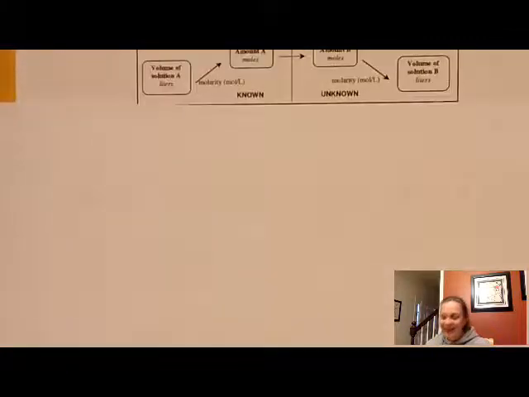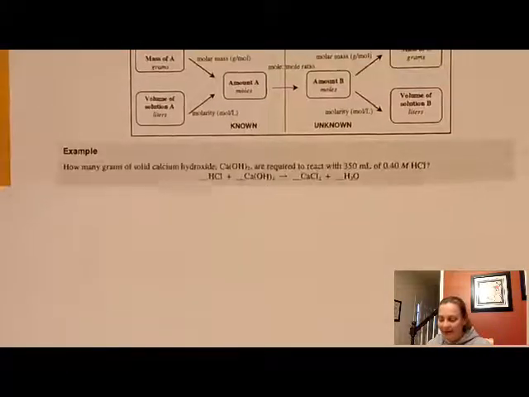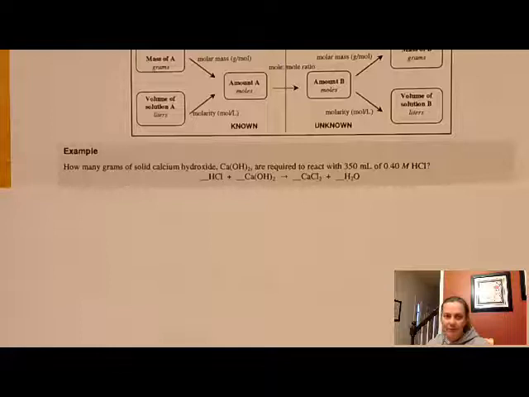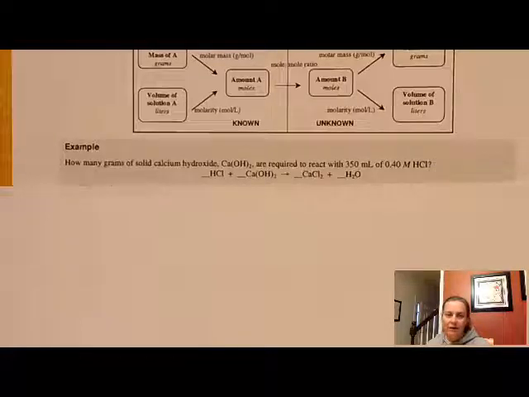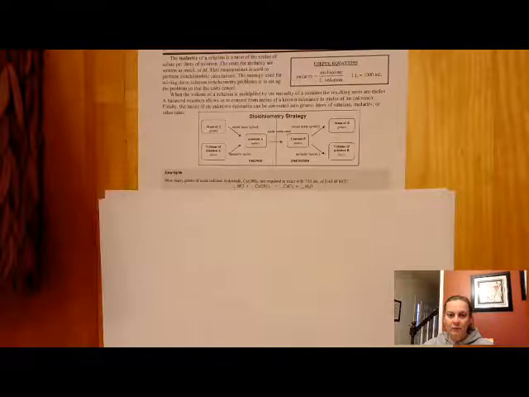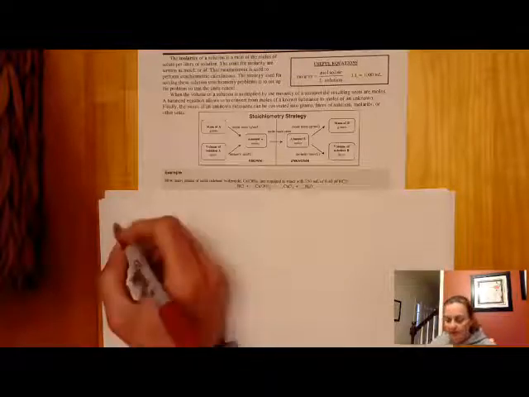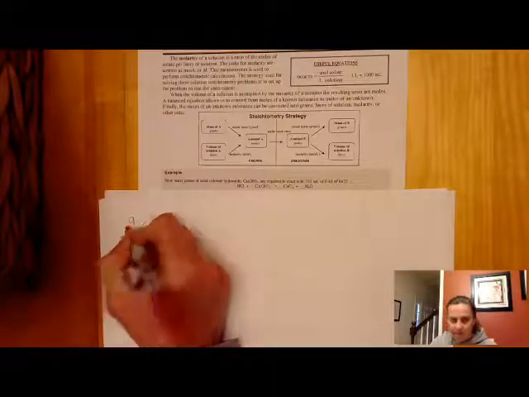Let's take a look at a sample problem. This problem asks us how many grams of solid calcium hydroxide are required to react with 350 milliliters of 0.40 molar hydrochloric acid. Just like with any of our stoichiometry problems, the first thing we're going to do is identify the given.